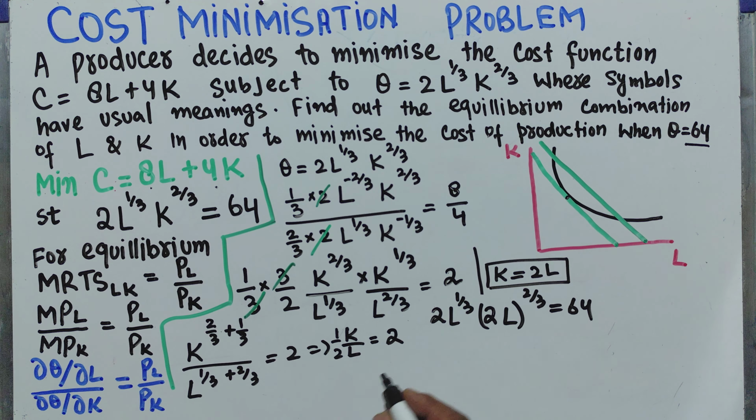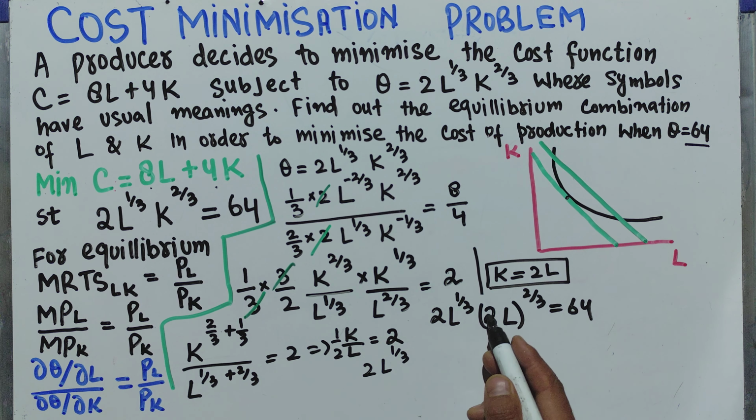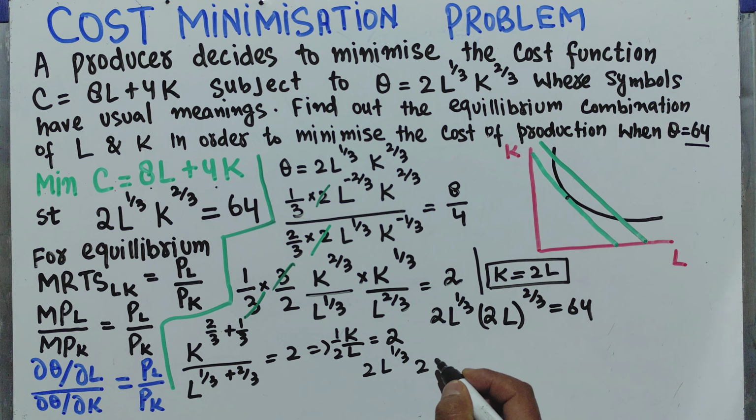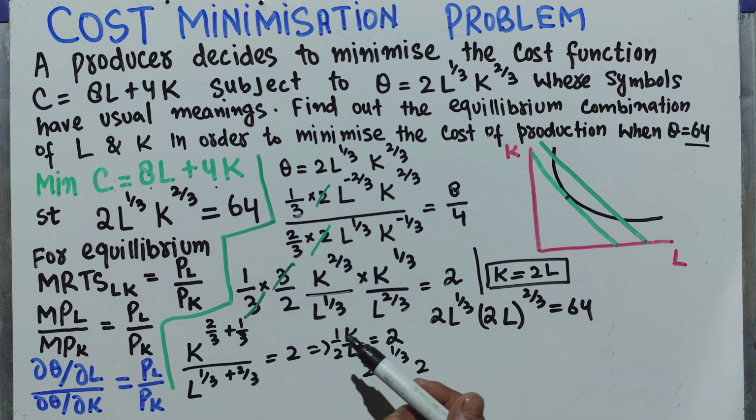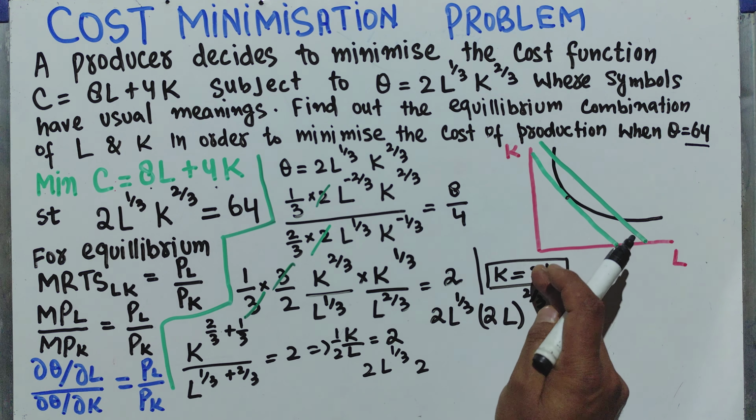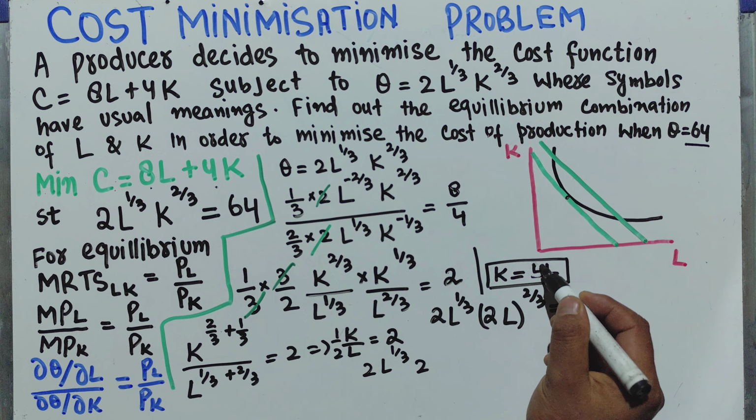Solving further, let me write it here. So we have 2 L raised power 1 upon 3. Then expanding this, we have 2 raised power, okay, so I have 2 here. K should be equal to, so we have 2 into 2, I am doing some mistake, 4L, my mistake, so it is here 4L.